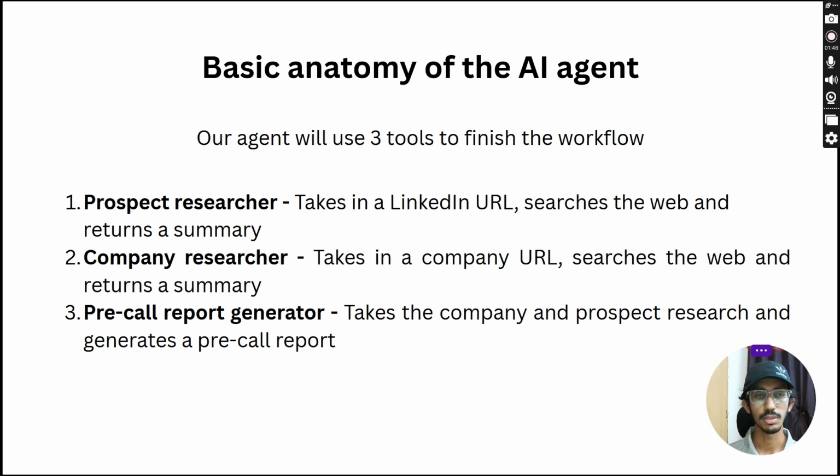Second, we have Company Researcher. It will take in a company URL, search it, and return with a summary. Our last tool is called Pre-call Report Generator. This will take the company and prospect research from the previous two tools and generate a pre-call report.